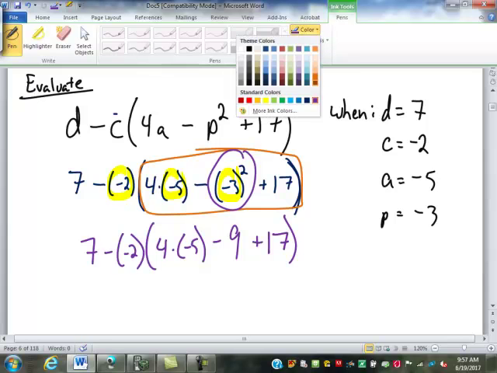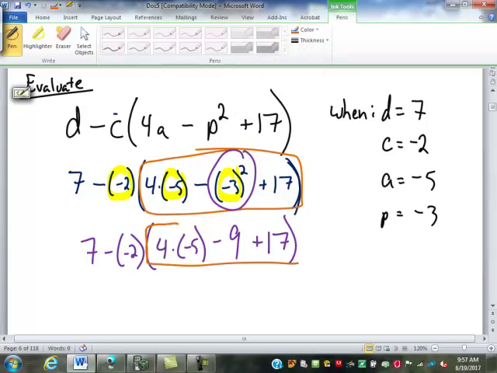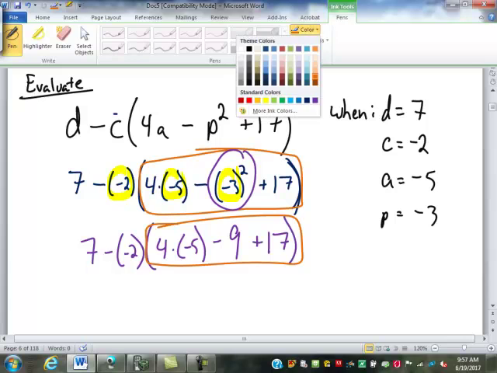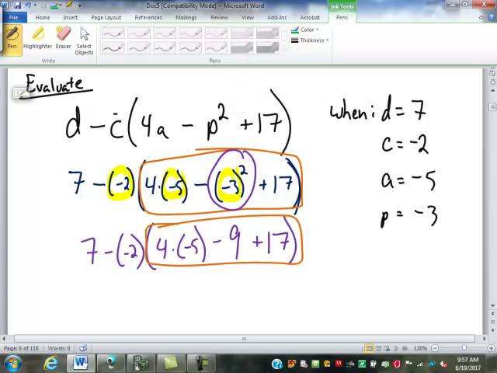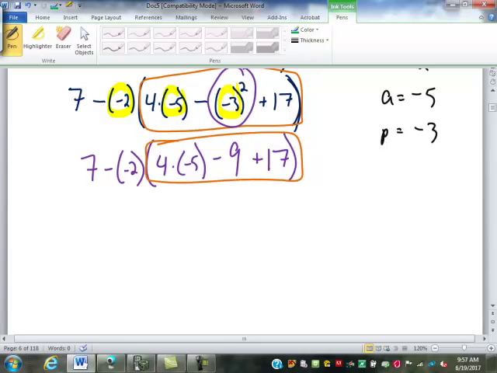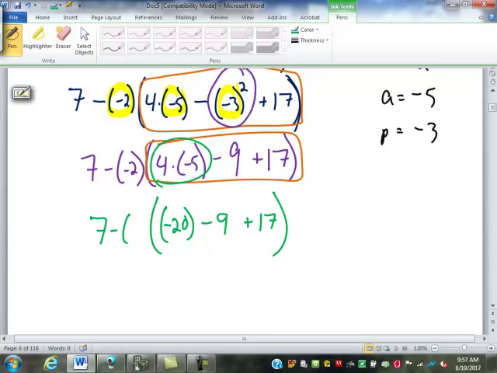So now we're still going to be working inside that parentheses. What's going to happen next? 4 times the negative 5, which is negative 20. And I did put in parentheses around that negative 20.